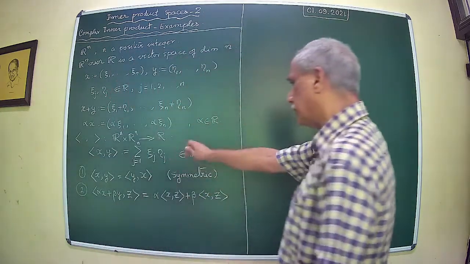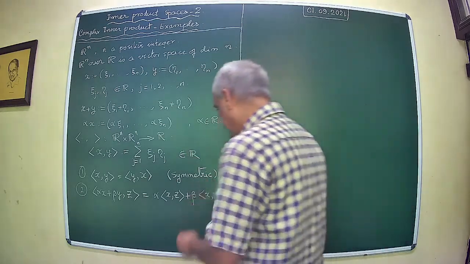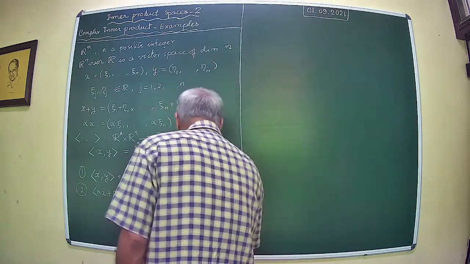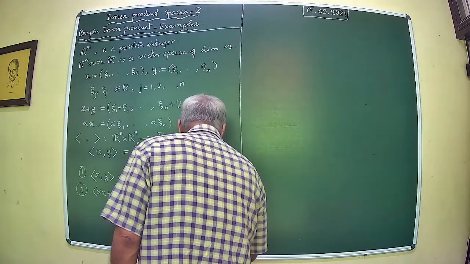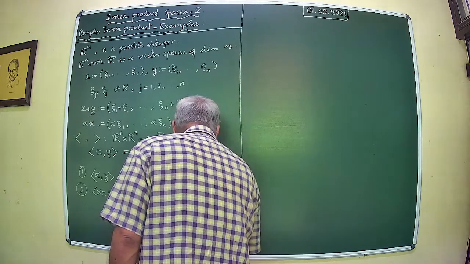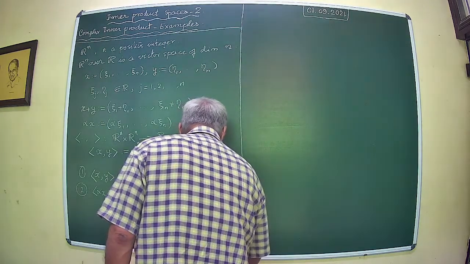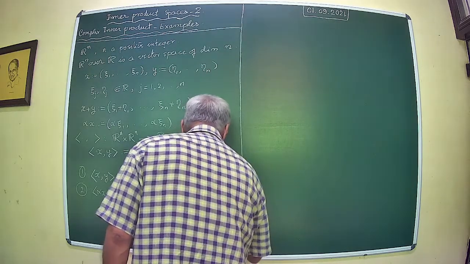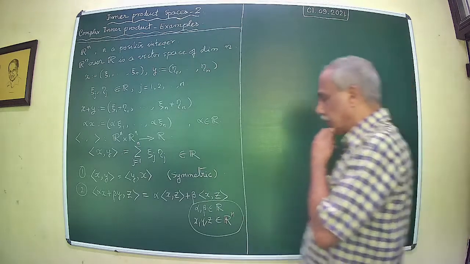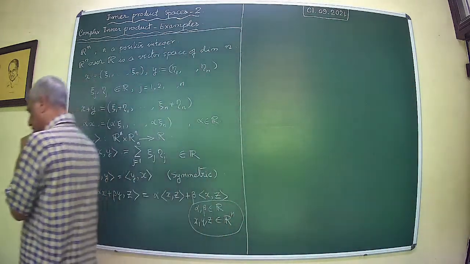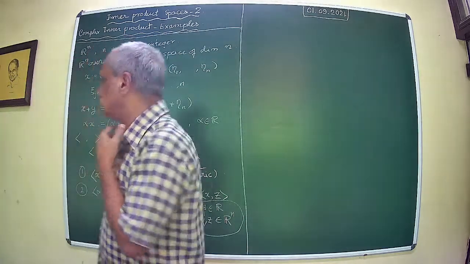Now these are the properties of whatever we have defined here. You can verify where alpha beta x y. Now the third property, that means it is linear with respect to the first variable.